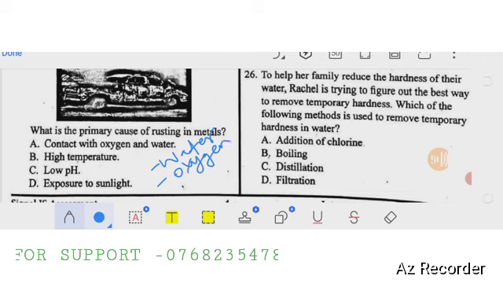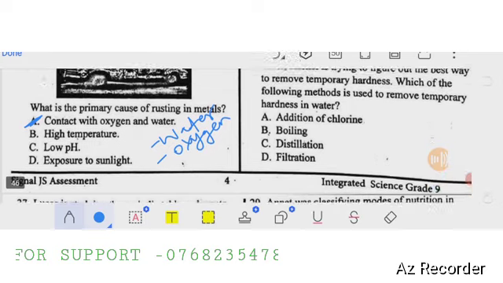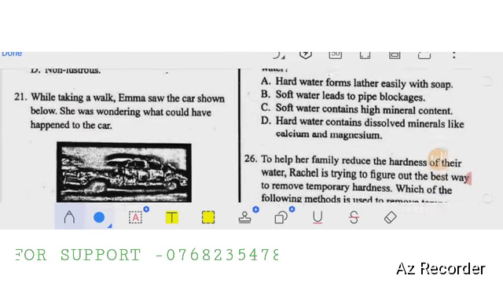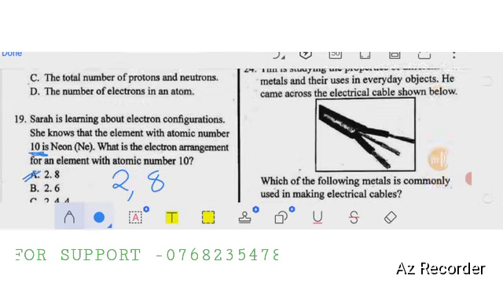So when the two come in contact with a metal or with the surface of iron or steel, it rusts. So the answer is contact with oxygen and water. High temperatures will always accelerate rusting, but they are not the cause. Low pH, no. Exposure to light, no. So from there we go to question 22.